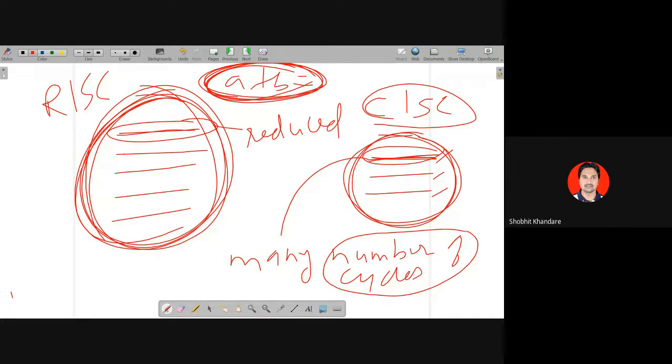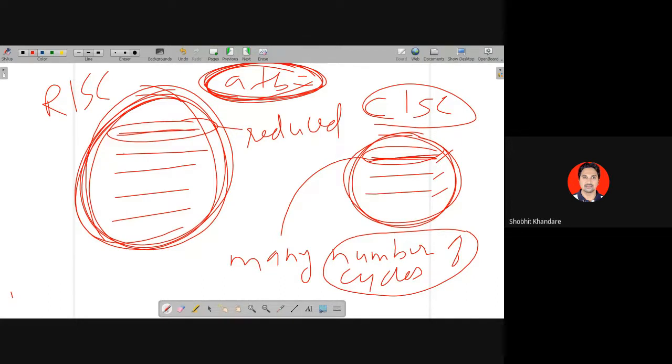So the main difference between the CISC and the RISC is, to execute the program, you will have minimum instructions, but the number of cycles will be more. Similarly, in the RISC, to perform the same operation, the number of instructions would be more, but to perform a single instruction, the cycles will be less.